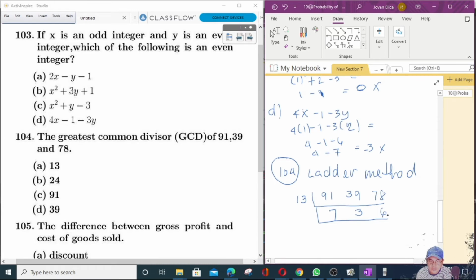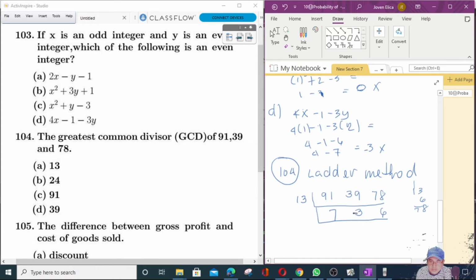So 13 times 6 is 18 carry 1. 1 times 6, 7, 8. Is it correct? Yeah. So 6.